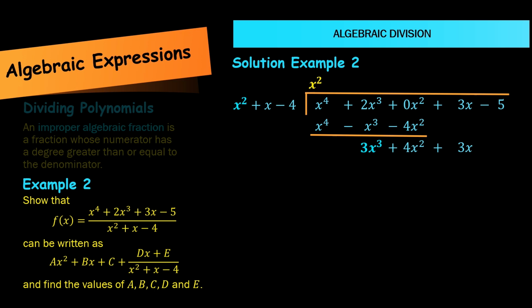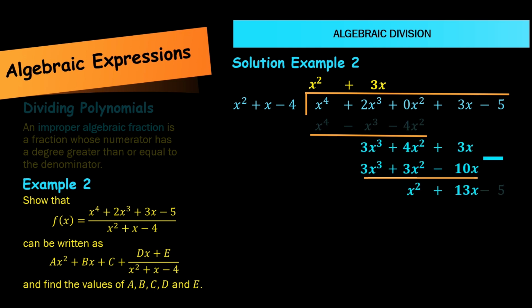So we position 3x here as shown. 3x multiplied by the divisor gives us 3x cubed plus 3x squared minus 12x as shown. We now subtract to give x squared plus 13x, and then bring down the minus 5 as shown.